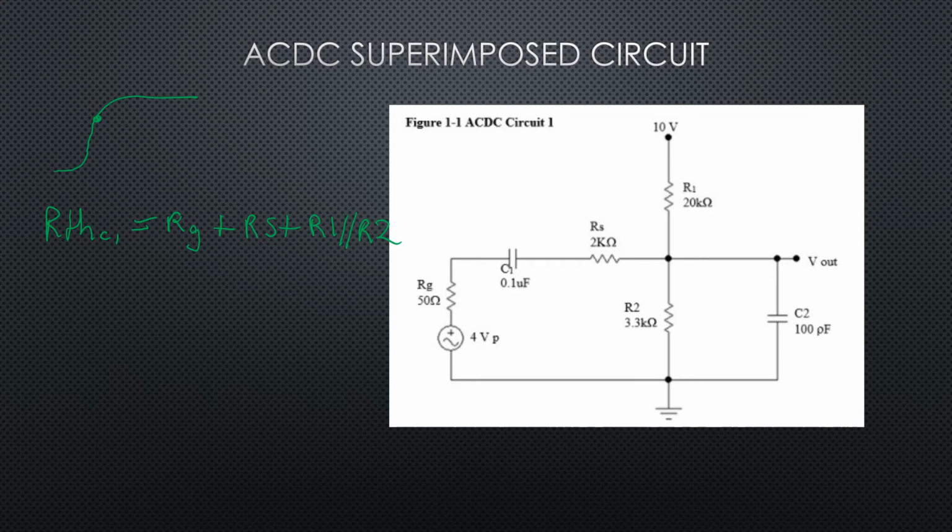And we know, so if we find R Thevenin, now we know what C is equal to, so we know that FC low should be equal to 1 divided by 2 pi R Thevenin C1 times C1.